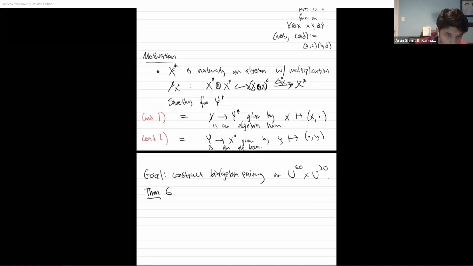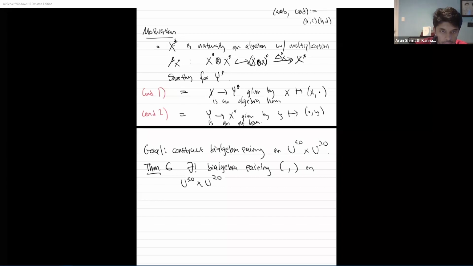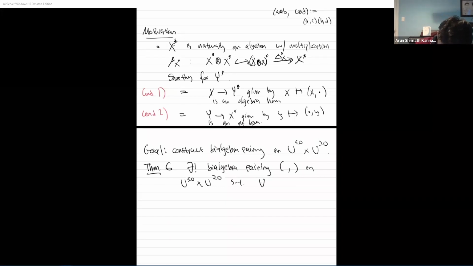Theorem 6. There exists a unique bialgebra pairing, which I'll denote with this, on U less than or equal to 0, U greater than or equal to 0, such that for all alpha and beta in pi, your simple roots, we have the following equalities.